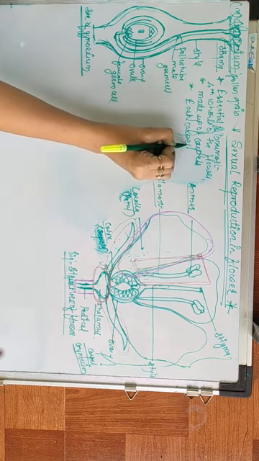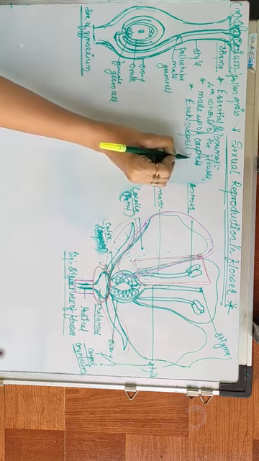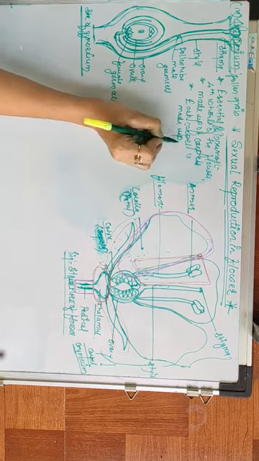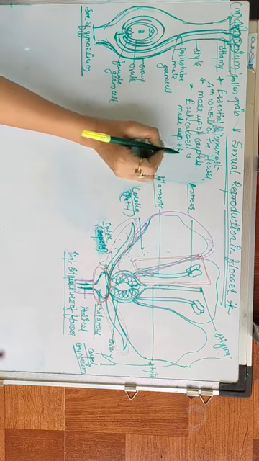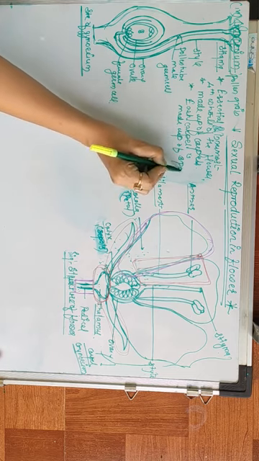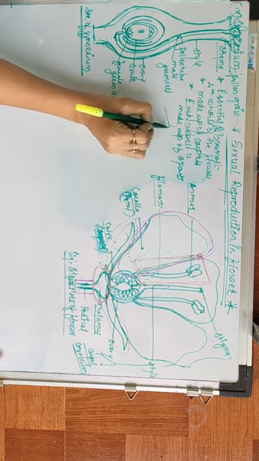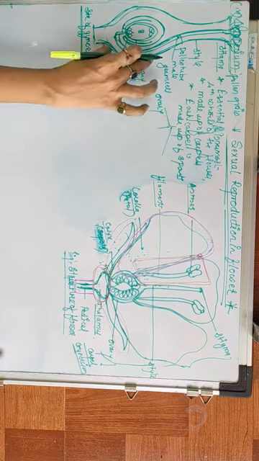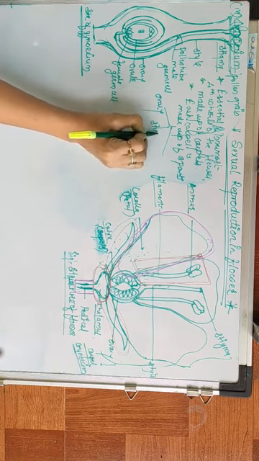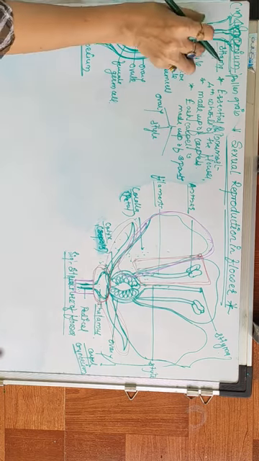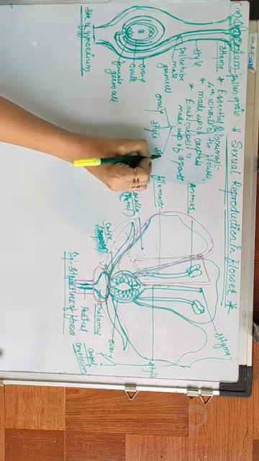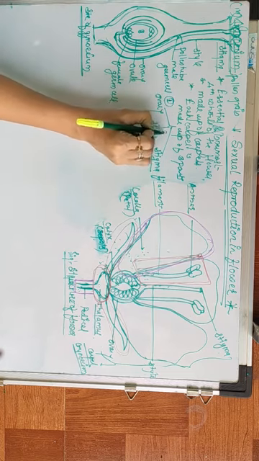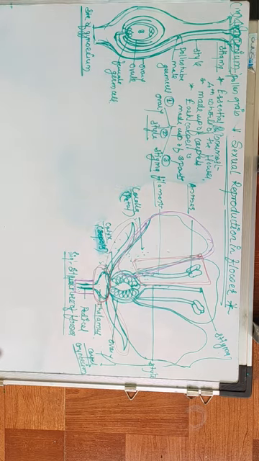Each carpel is made up of three parts. That is, first is called the ovary, that portion. Second is called the style, this portion, and uppermost is called the stigma. Okay, this is first, second and third.